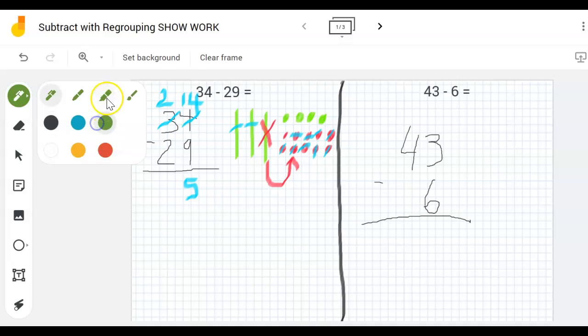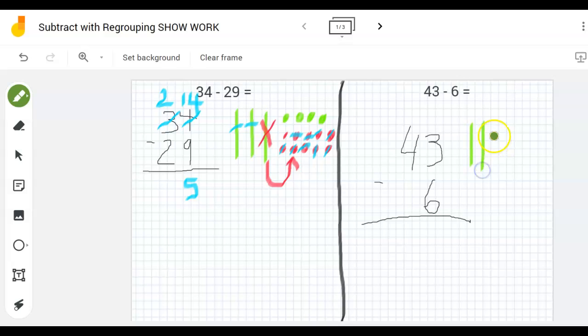So let's use green and the highlighter so it's thicker. Okay, 43. Remember, we only draw the first one. 10, 20, 30, 40, and 3 ones. 1, 2, 3.